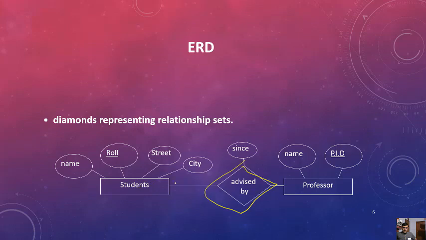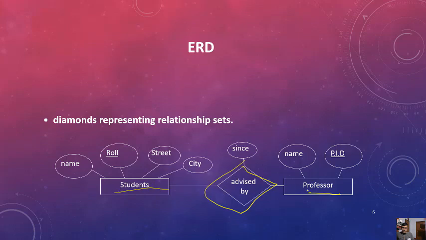The relation is that the professor advises the students, and students are advised by the professor. This relation is linked with the two entity sets, students and professor, with link lines.